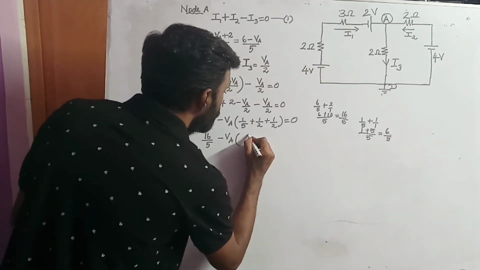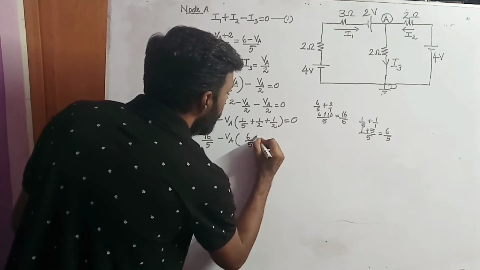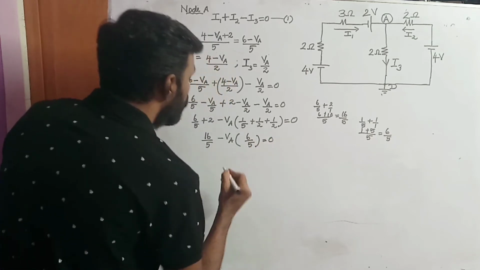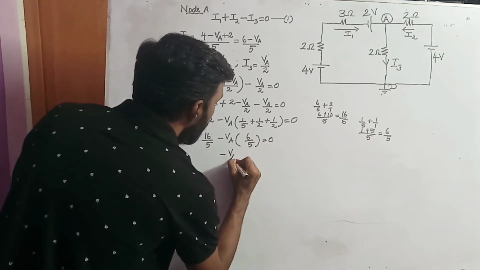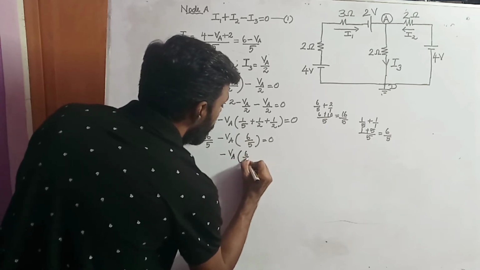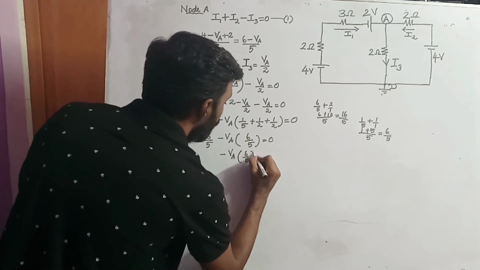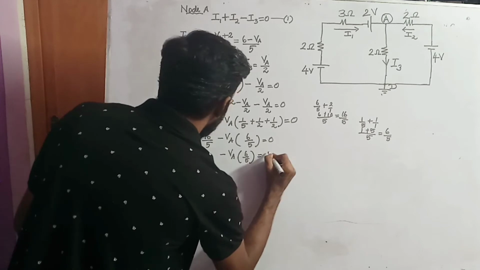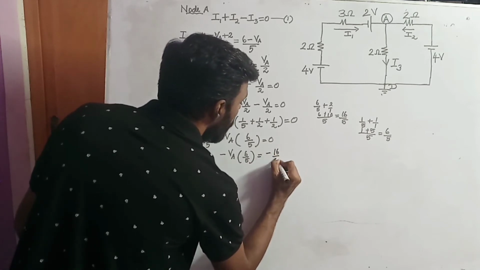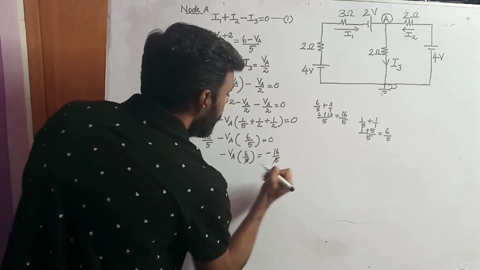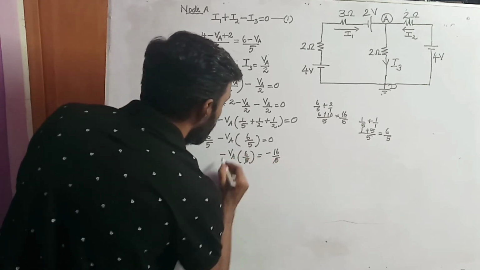So VA into 6 divided by 5 equals 16 divided by 5. So minus VA into 6 by 5 equals minus 16 divided by 5. The 5 gets cancelled, the negative gets cancelled.